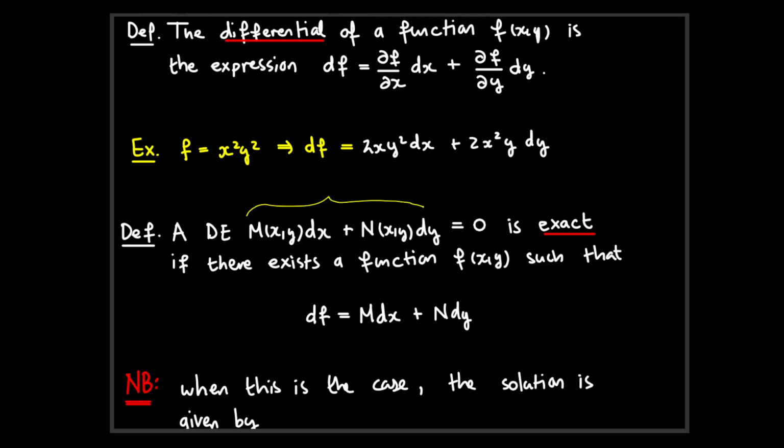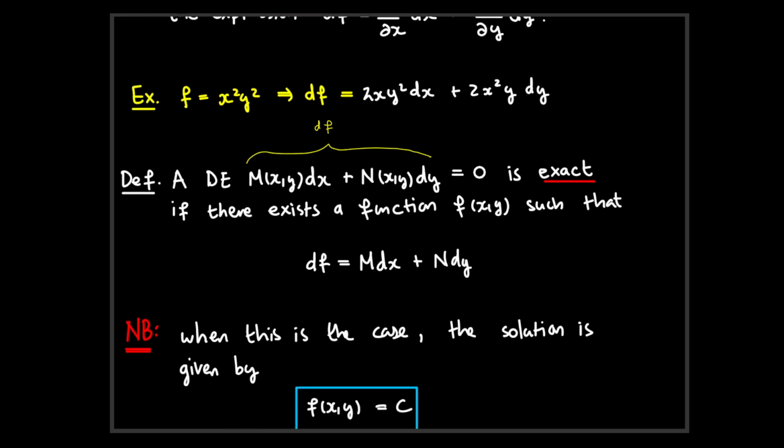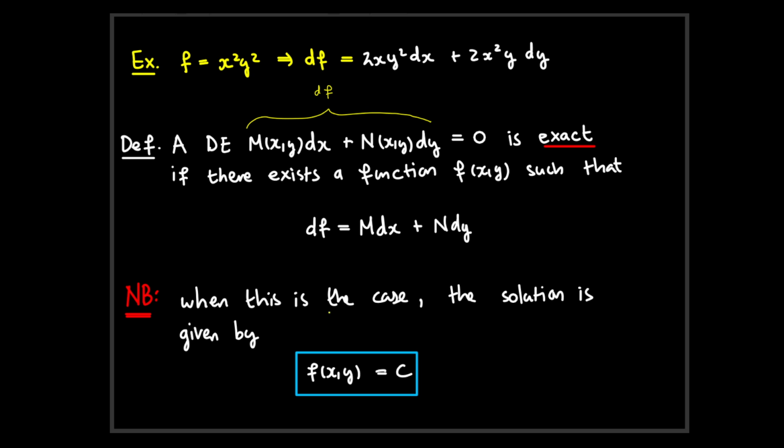Okay, so just to say it one last time, this whole equation is called exact if the left-hand side portion of it is the differential of some function f. When that's the case, then the solution to the exact differential equation is given here. This is how we write the solution.